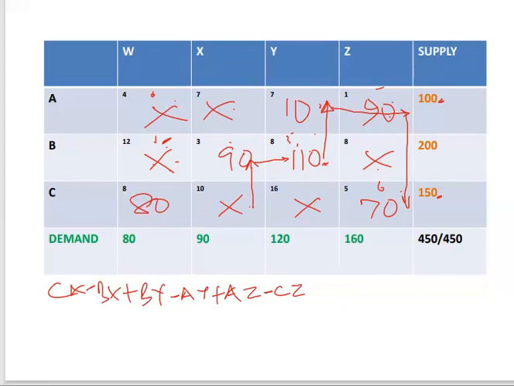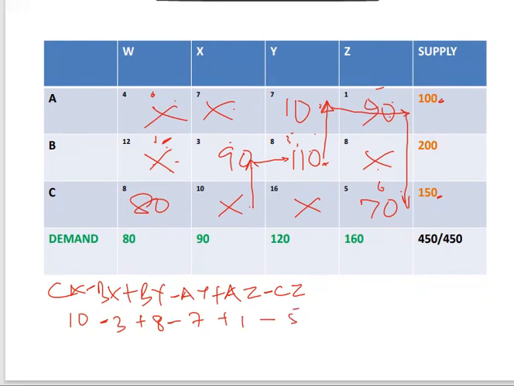So what is that? 10 minus 3 plus 8 minus 7 plus 1 minus 5.